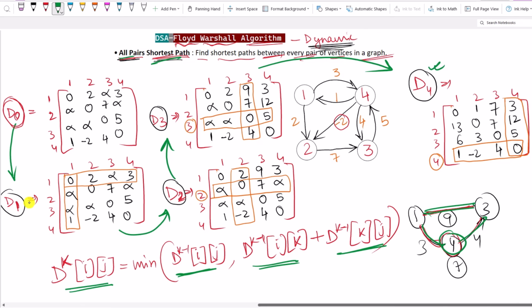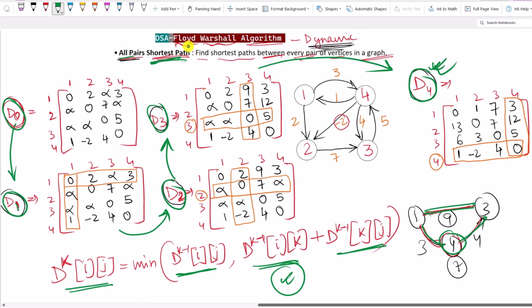So this way, to compute d1, we have to take the data from d0. To compute d2, we take the data from d1. This process will continue, and at last we're going to have a matrix which will contain the shortest path between all pairs of vertices, and this is our formula.